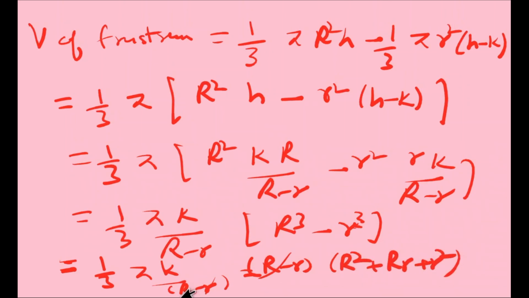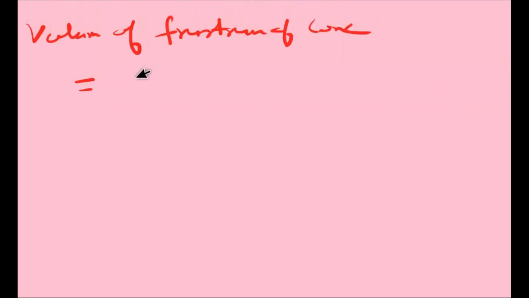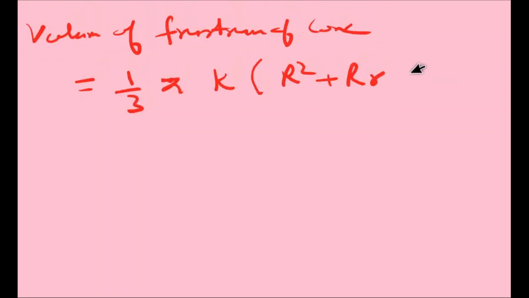So what is the formula left here? 1 by 3 pi k (R square plus R r plus r square). So the volume of the frustum of a cone, you can learn this formula: 1 by 3 pi into height k and R square plus R r plus r square.